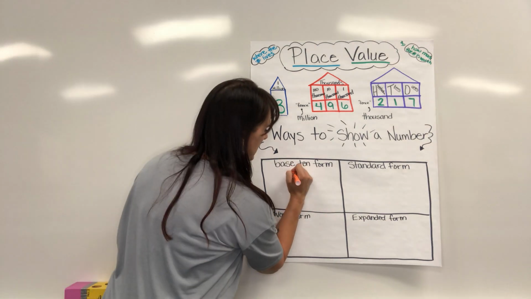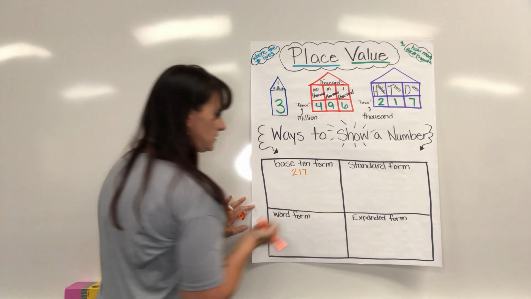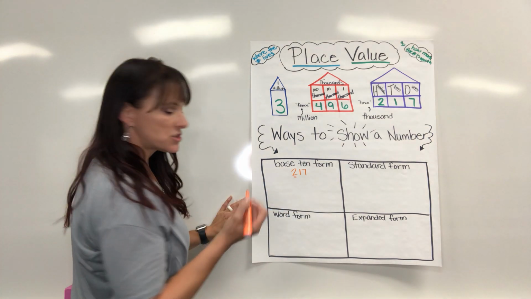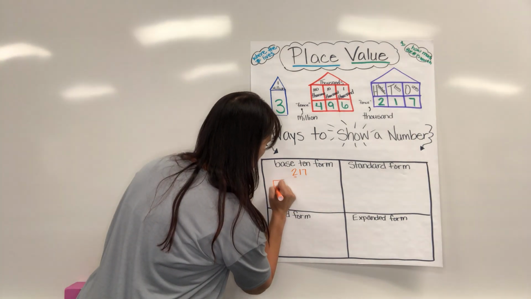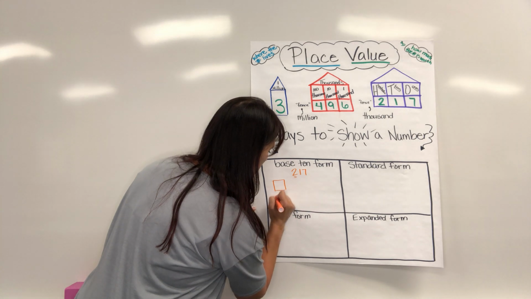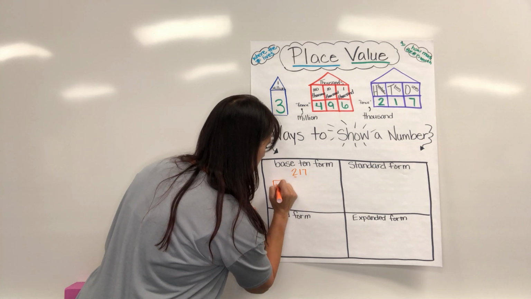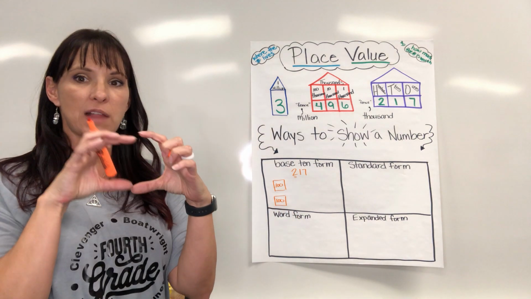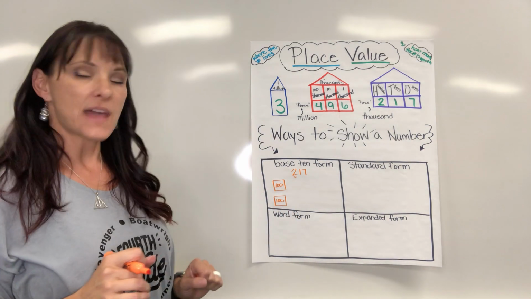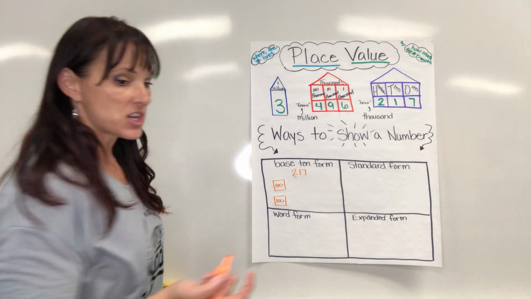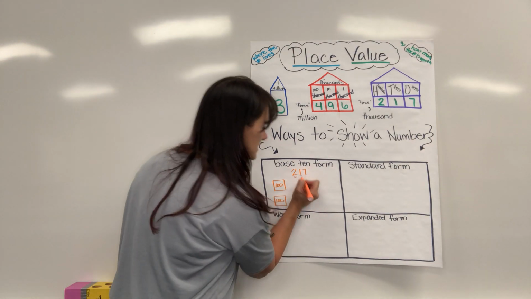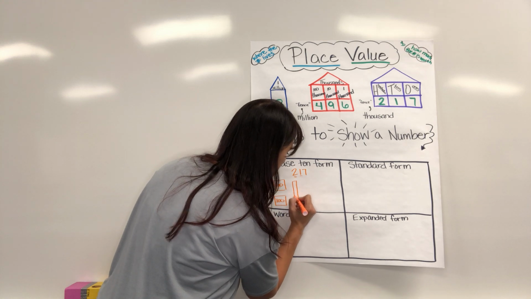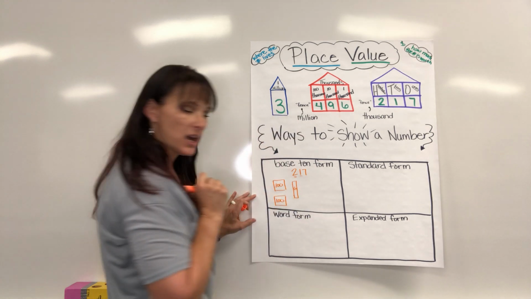So if I were to take 217, I'm going to look at that 200, and I'm going to do 2 hundreds blocks. Those are the flat ones. They look like big flat squares. So that would be 200. And then to show the 10, I'm going to use one long, skinny 10 block.